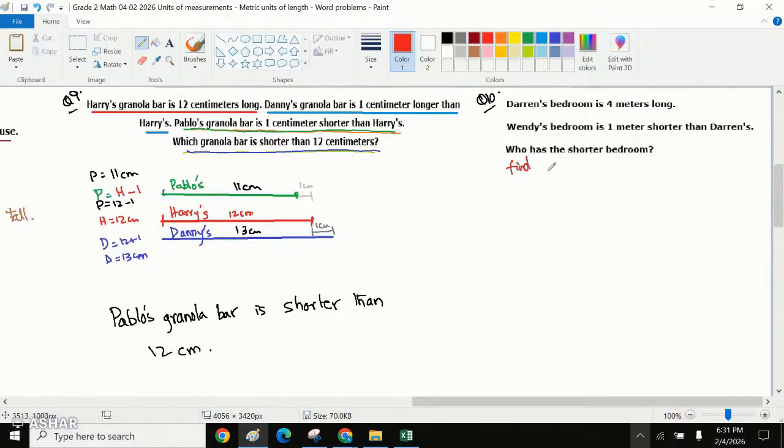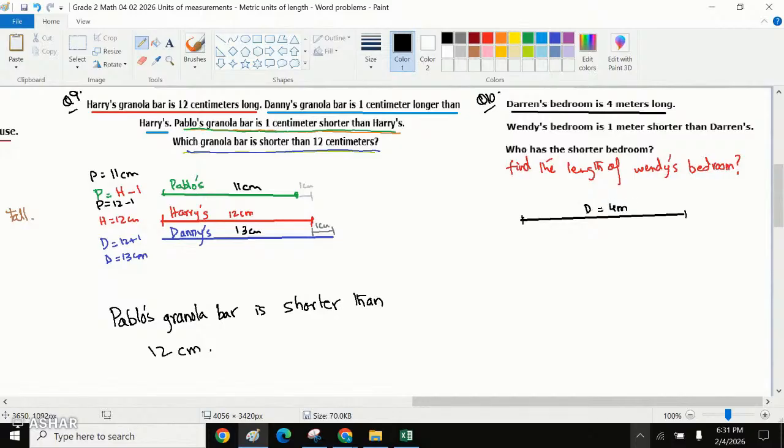Find the length of Wendy's bedroom. We can add this also to the question. So what we can say is the length of Darren's bedroom is 4 meters long. Darren's bedroom was 4 meters long, right?